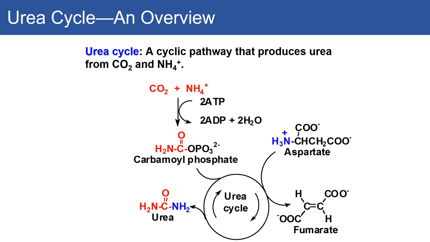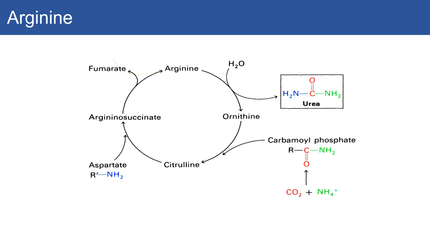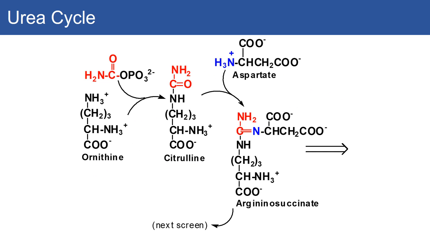Here's how arginine enters the process. We basically convert ammonia to urea in the liver, and from there we go from arginine to ornithine, and we produce urea. Ornithine gets transferred to citrulline with carbamoyl phosphate. Citrulline with aspartate goes to argininosuccinate, and then that goes into fumarate, and from there we recycle the whole process all over again.